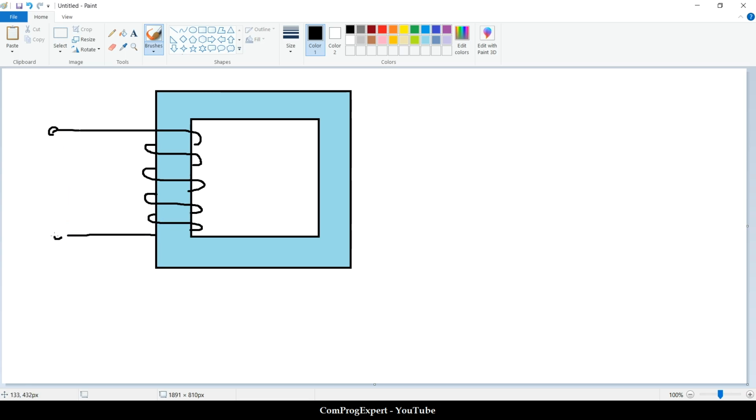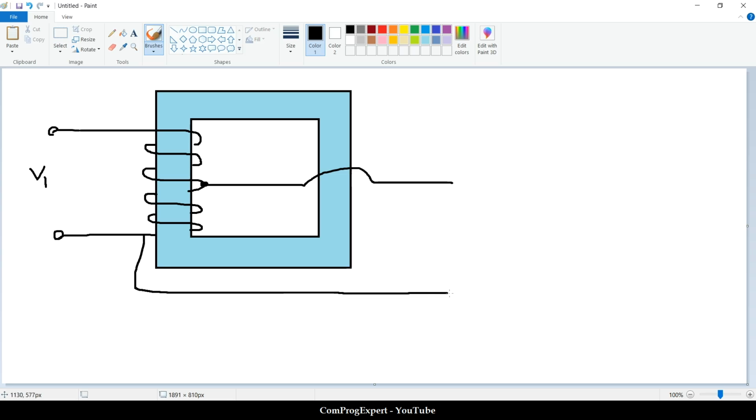Here we have input terminals, V1, and I want to get a connection from here, from a common point. Let's select this connection to get the V2.